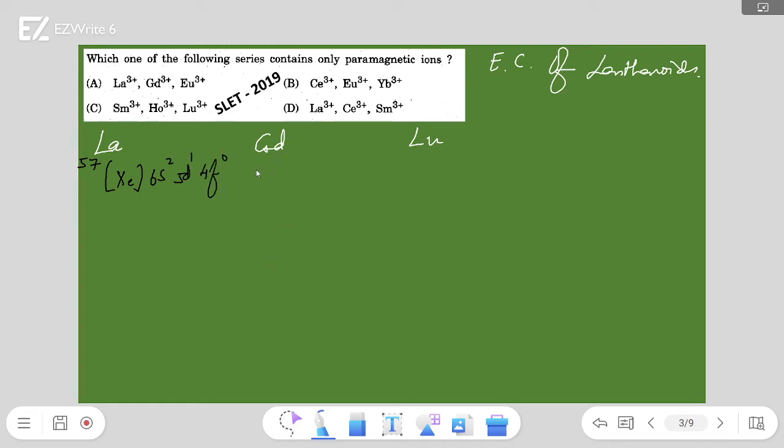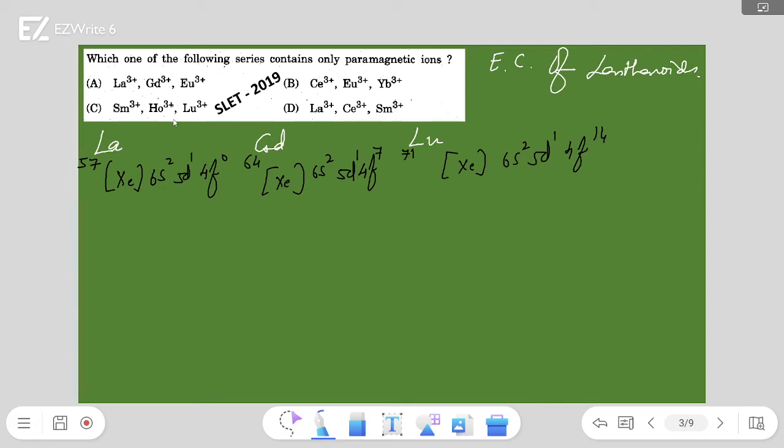Gadolinium, which is 64, has xenon 6s2, 5d1, 4f7, and lutetium, which is 71, similarly has xenon 6s2, 5d1, 4f14. So, keeping in consideration these electronic configurations, we could very easily find our answers.